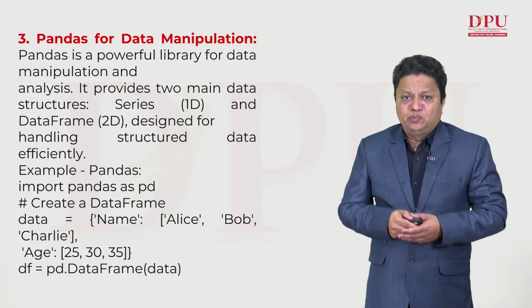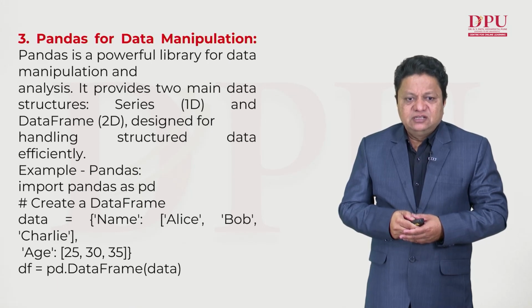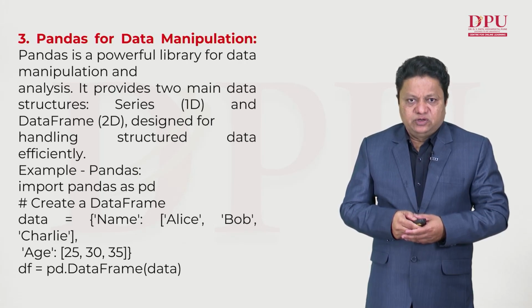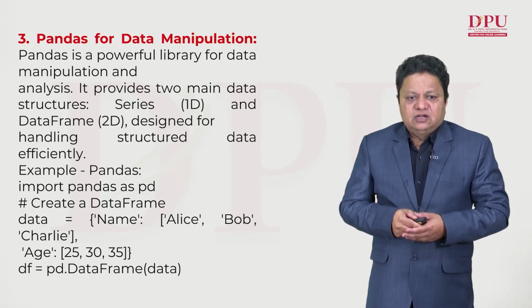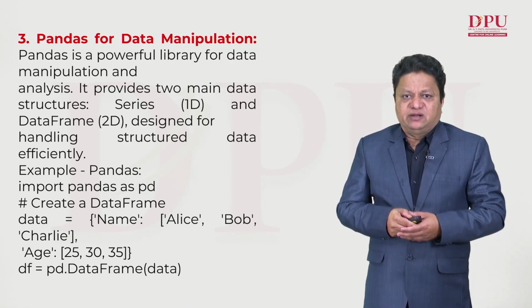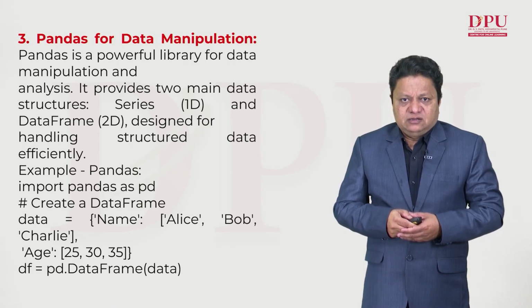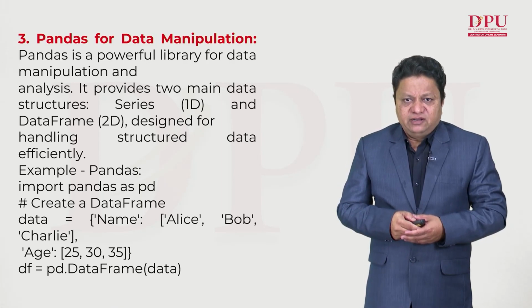In the bracket we need to provide the argument, here in this case the dictionary, that is data. So, after executing this statement, a data frame will be created and stored into the df variable.